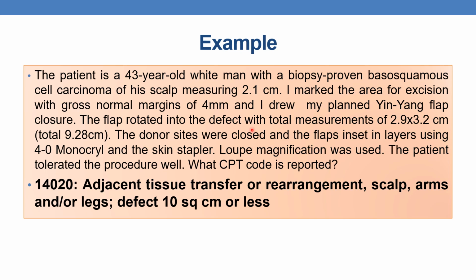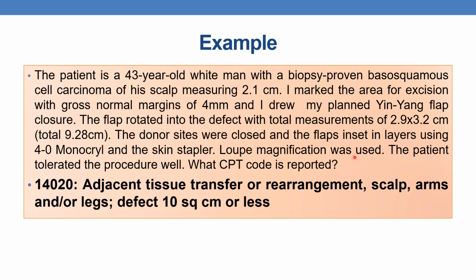The flap rotated into the defect and the total measurements of the defect are 2.9 by 3.2 centimeters. The total defect area is 9.28 square centimeters. The donor sites were closed and the flaps inset in layers using 4-0 monoacryl and skin stapler.